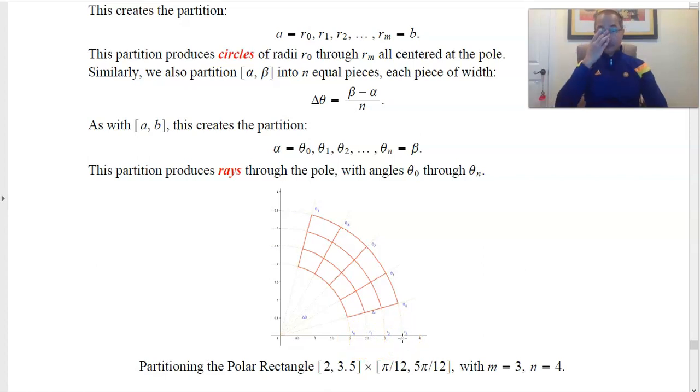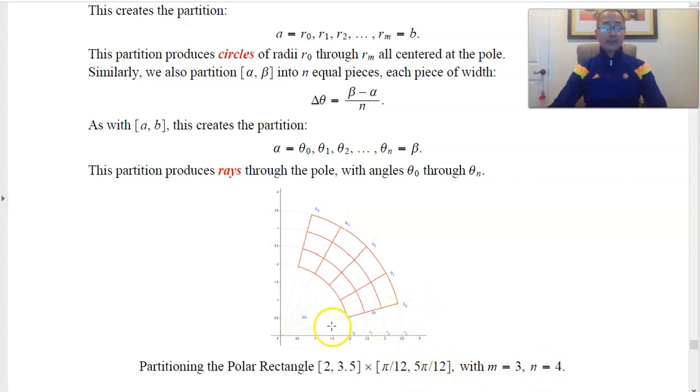Simple enough. But for theta, I wanted to divide into 4 pieces, okay? So 5 pi over 12 minus pi over 12, 4 pi over 12, also known as pi over 3. Divide that into 4 pieces, so each opening is pi over 12, okay?